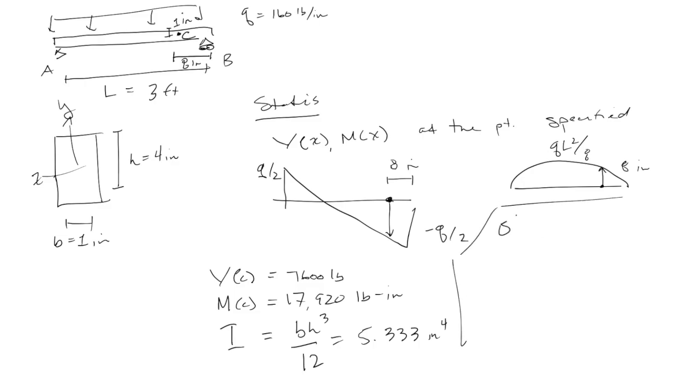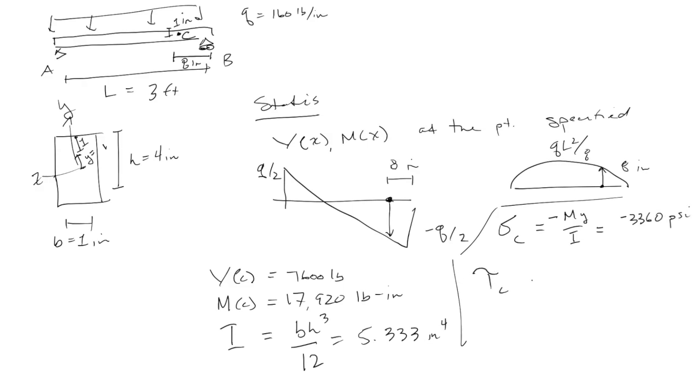If we want sigma at point C, it's just minus M y over I, where now y is what? If this is 4 inches and we want to measure 1 inch down from the top, it should be 1 inch up from the neutral axis. That's how I read that, at least. And then you plug in the numbers, you get minus 3360 psi.